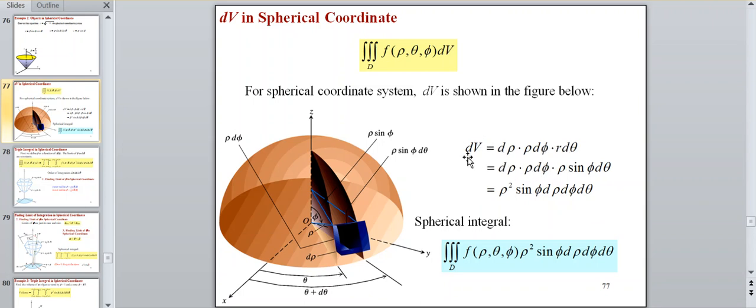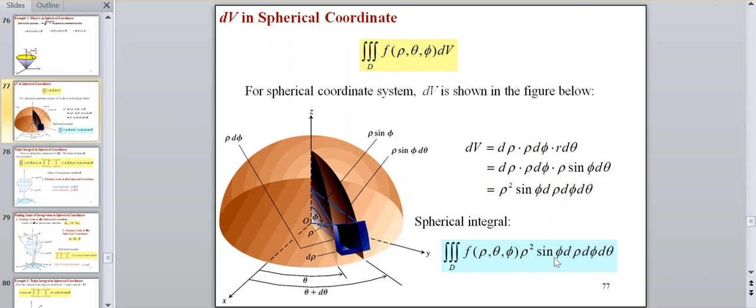You just bear in mind what dV is here. dV equals rho squared sine phi d rho d phi d theta. So we put it here in the integral. You can see f, and this is dV, rho squared sine phi d rho d phi d theta.